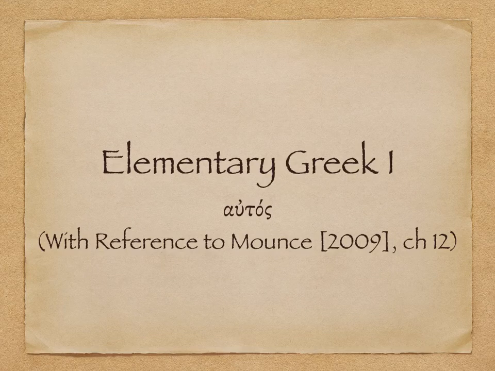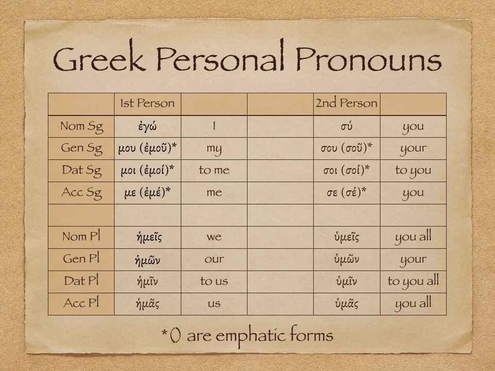We have thought about pronouns in the previous chapter, chapter 11, first and second person personal pronouns. And I want to review those before getting on to autos, the third person personal pronoun in Greek. So back to first and second person personal pronouns.